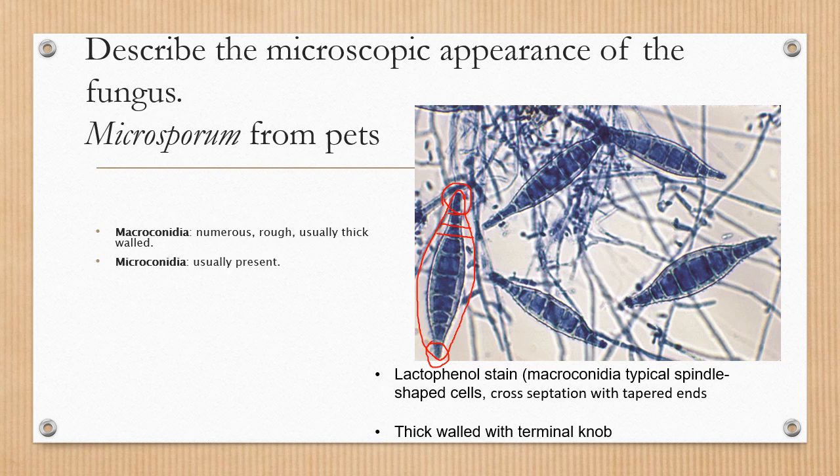Sometimes you can also see microconidia here. Not all of them are macro; there are also some microconidia. What microconidia means is hyphae that are small, regular, with some branching. And these are rectangular arthrospores, which means that they are divided into small parts, like here.